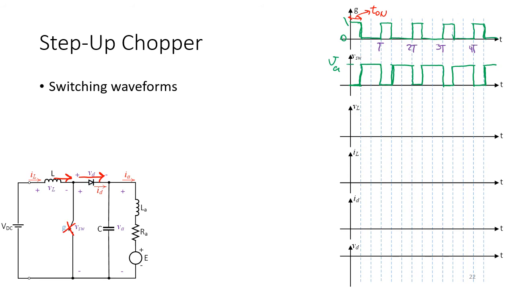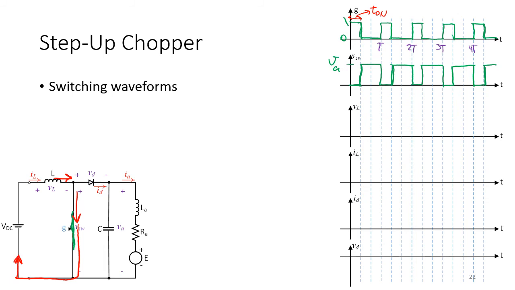When the switch is on, the current prefers to go through the switch. It's a short circuit. It doesn't need to go through any other element. And currents, we know, like short circuits. So current comes like this and closes like this.